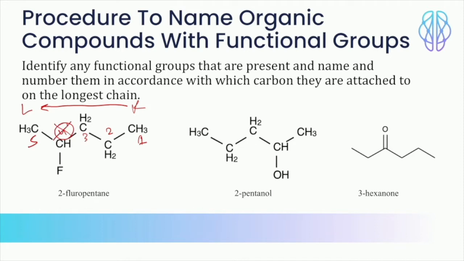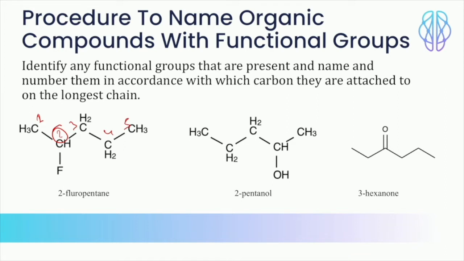And that is not the lowest possible number we can give. So the correct way to number it is from left to right, 1, 2, 3, 4, and 5, because that gives it 2. Although essentially it's on the same carbon, just for simplicity's sake, we give it the lowest possible number.